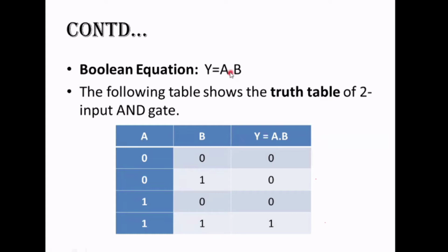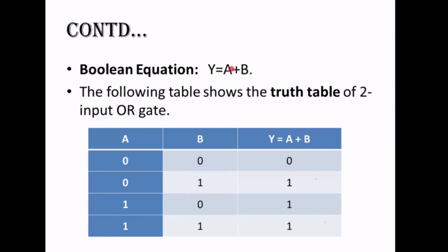Now, this dot should actually be there in between, but because of computerization, it is appearing in the bottom, but it should actually be there in between. A dot B. आपको पता ही है मैथ्स में आप लोग लिखते भी हो इस तरीके के इक्वेशंस, राइट? So this is a logical AND gate, and dot is the mathematical symbol used to represent the logic AND gate. Similarly, over here, plus is the symbol used to represent your logic OR gate.